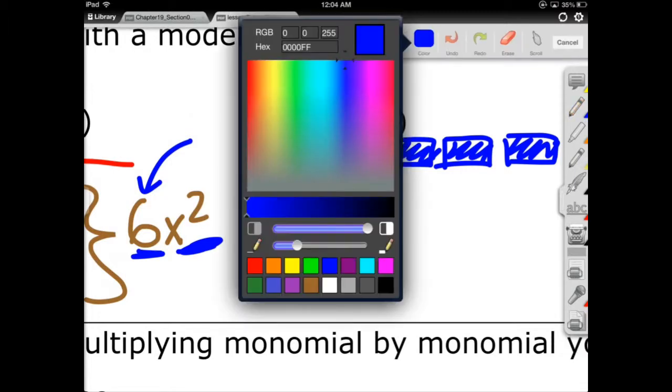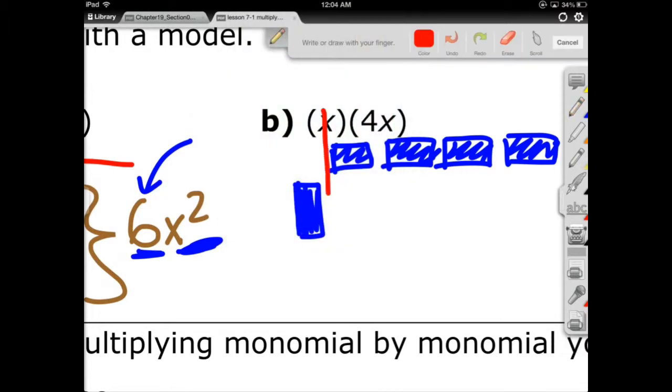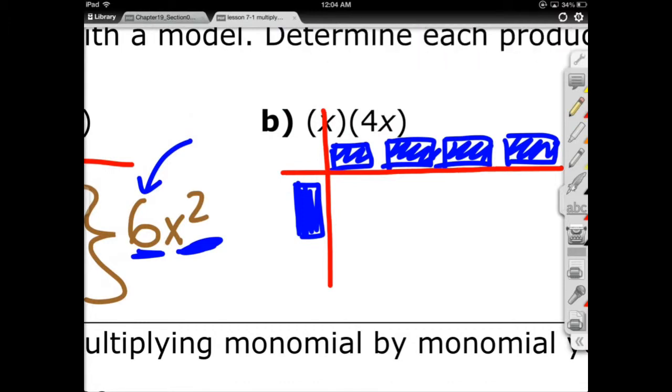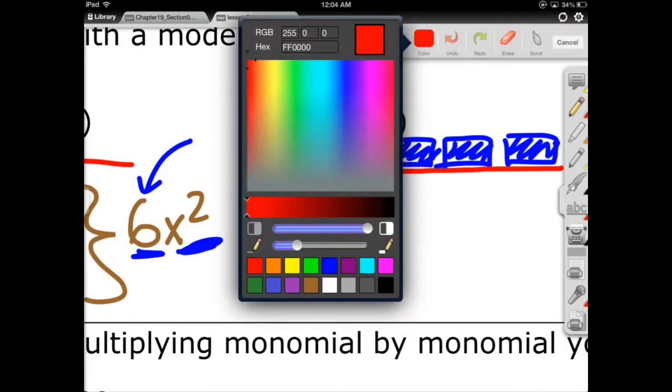And moving along, since it's area, it's length times width. Think of it this way, length times width is what we're doing. What is the result? Well, we have x multiplied by 4x. To be really thorough, let's grab this.